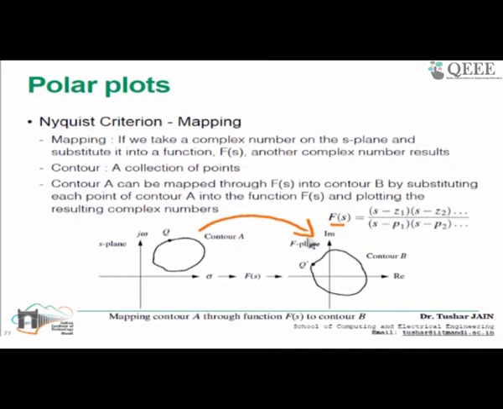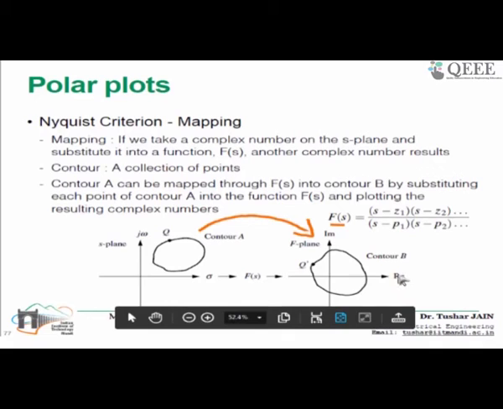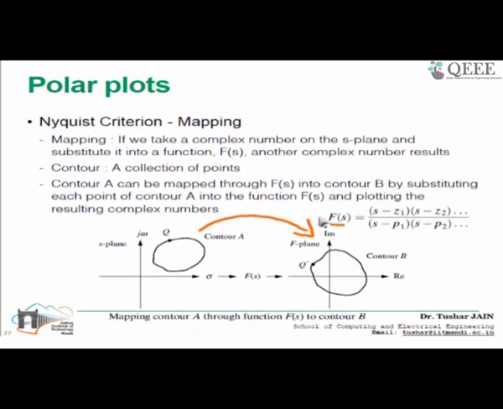In the very first couple of slides we saw that on the x-axis we put the real part of G(s), and on the y-axis the imaginary part of G(s). Here the function could be either 1 plus GH or GH, because basically it's a function F. That's why we call it in general the F plane, and F could be any function which you specify here.